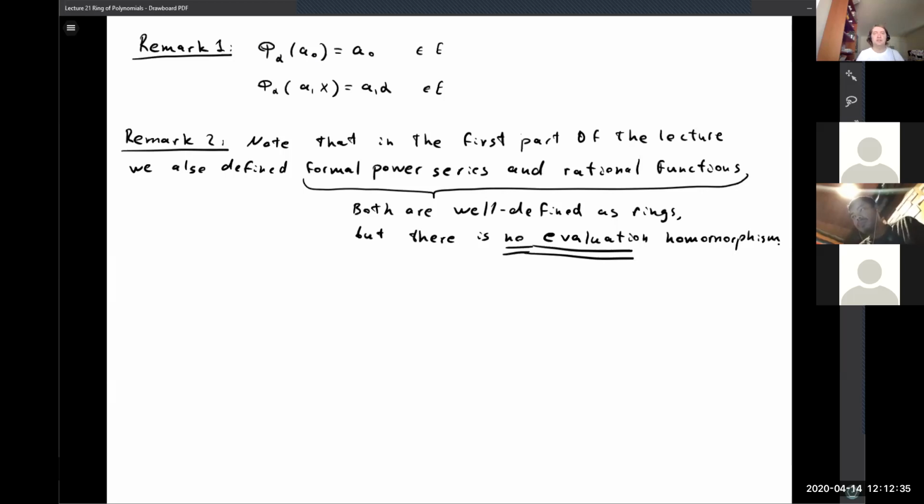If we want to get this function on the entire field, of course, you kind of know that for the rational function, you can define partially defined functions and so on. We're not going to go into this technicality, but this remark kind of explains why we really need to restrict our attention to the ring of polynomials, not just formal power series or rational functions for now. Okay.